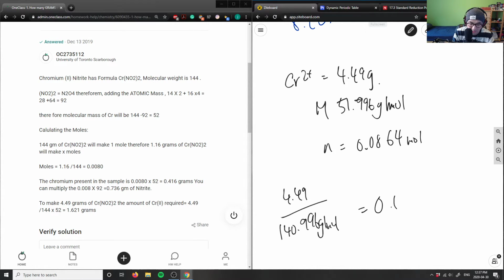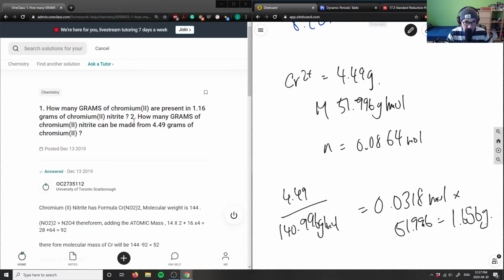So you get 0.0318 moles here, and you can multiply this by 51.996 to get only the mass of my chromium required here. So this is 1.621 grams. Or 1.655, sorry, 1.6556 actually grams of chromium here.